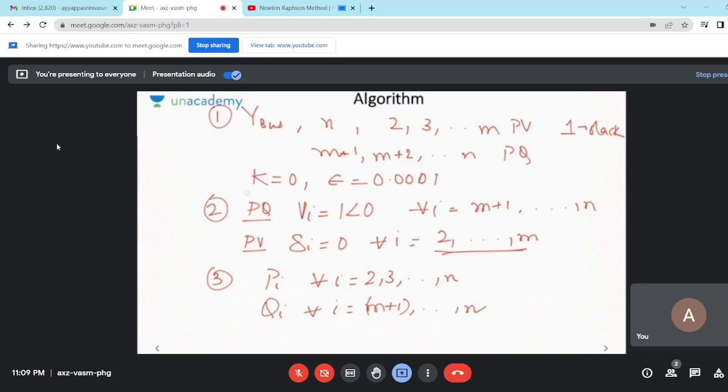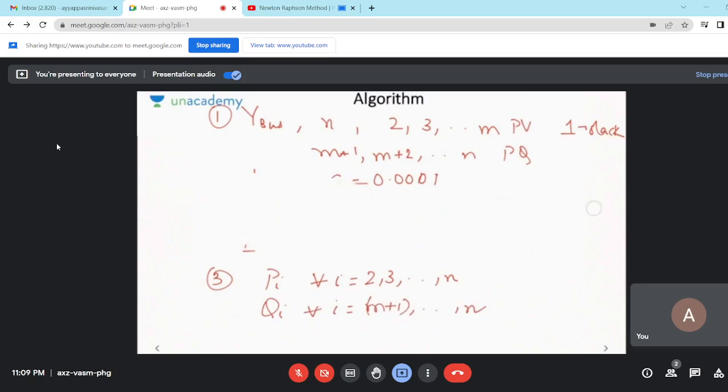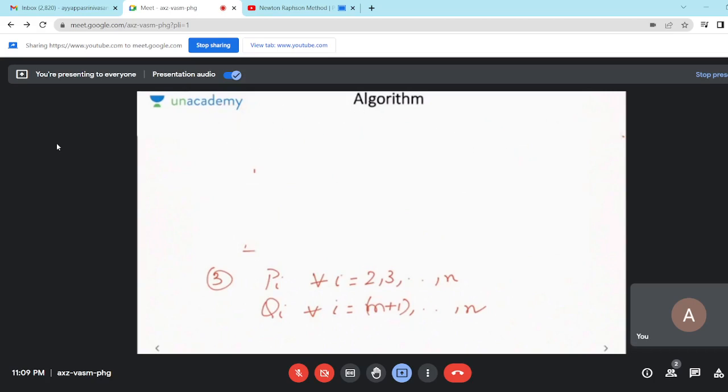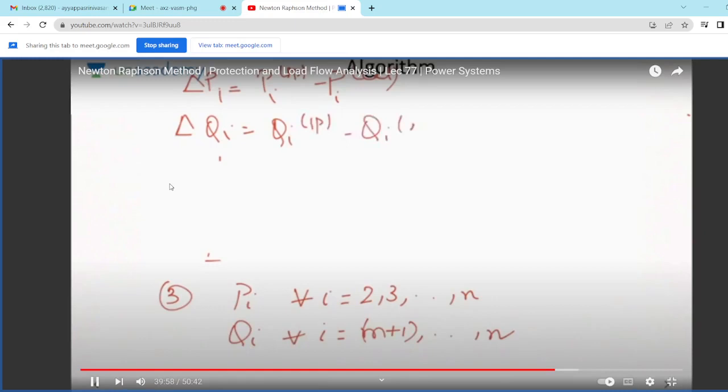Now we will calculate the mismatch vector in the next step, that is delta P and delta Q. Delta P will be P supposed minus calculated, okay, delta Pi, and similarly delta Qi will be Qi supposed minus Qi calculated.